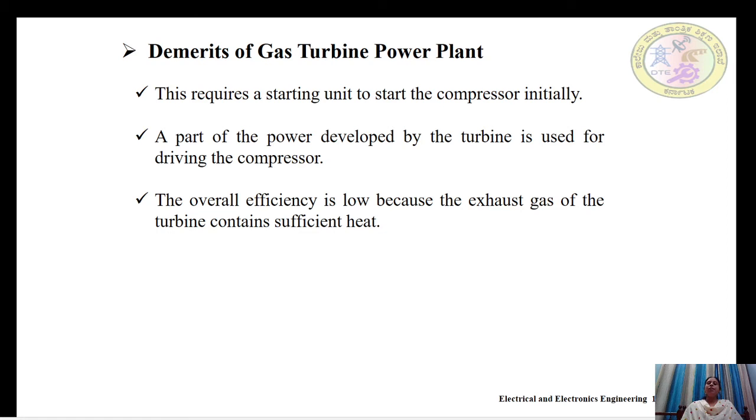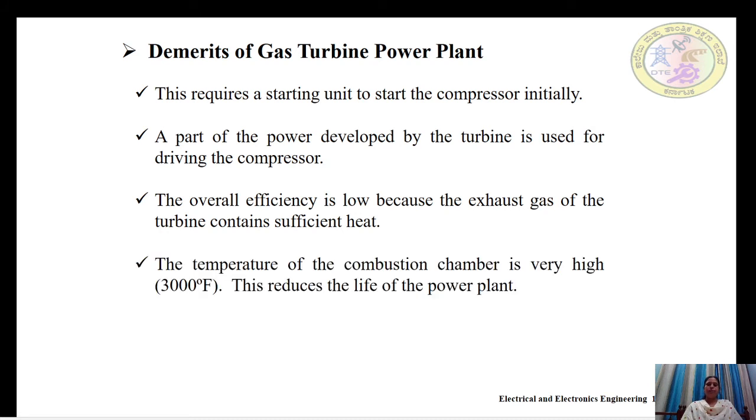The overall efficiency is low because the exhaust gas of the turbine contains sufficient heat. The temperature of the combustion chamber is very high, around 3000 degrees Fahrenheit.